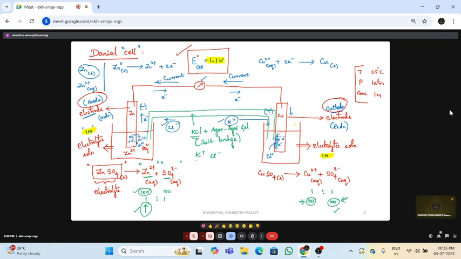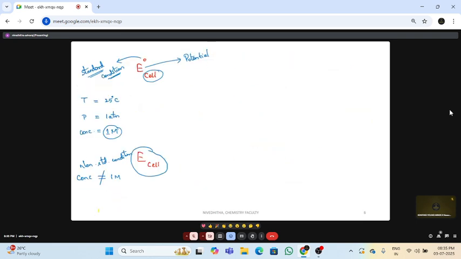So we have to understand how each metal is gaining potential, and how each electrode is contributing to the overall cell potential. Here 1.1 volt is the overall cell potential, but each electrode contributed its own potential, which is called electrode potential. So now we're going to see electrode potential.